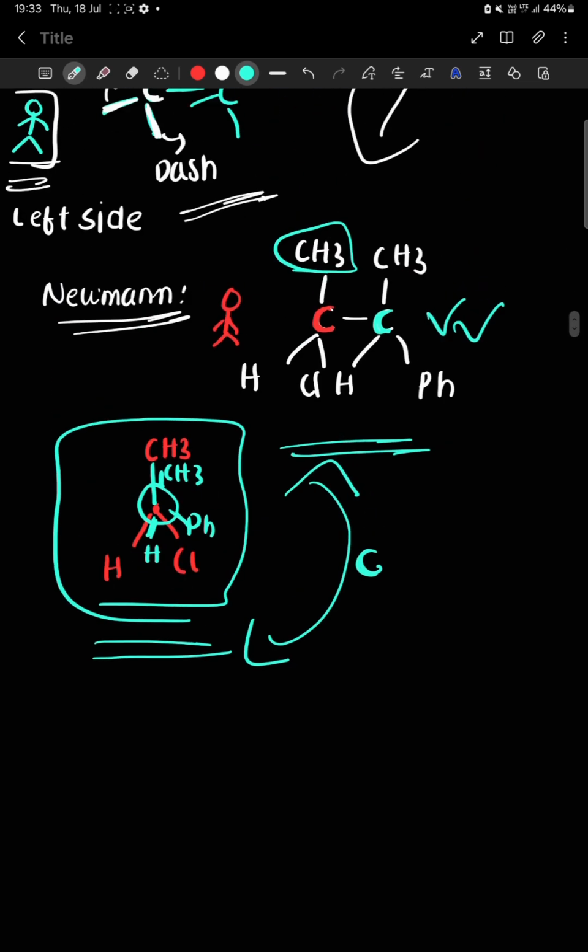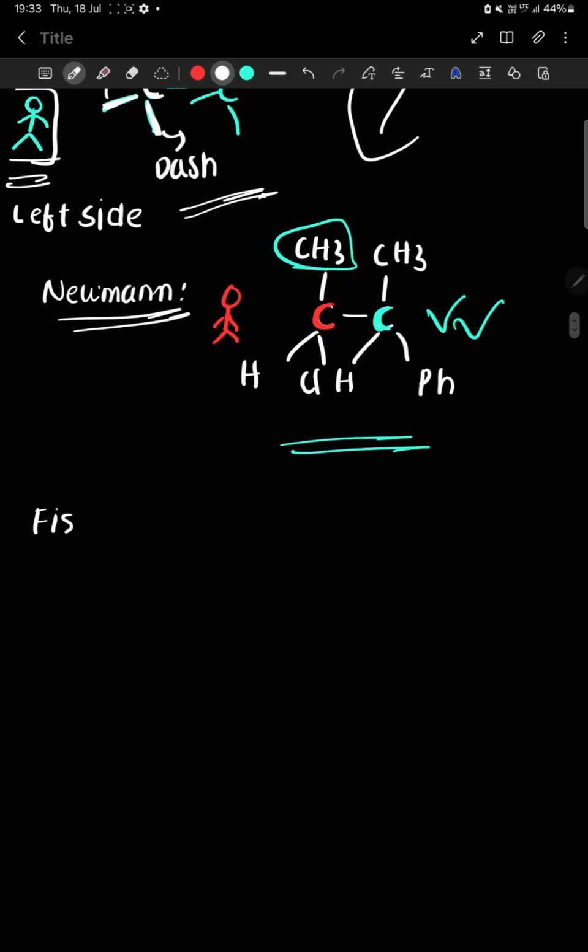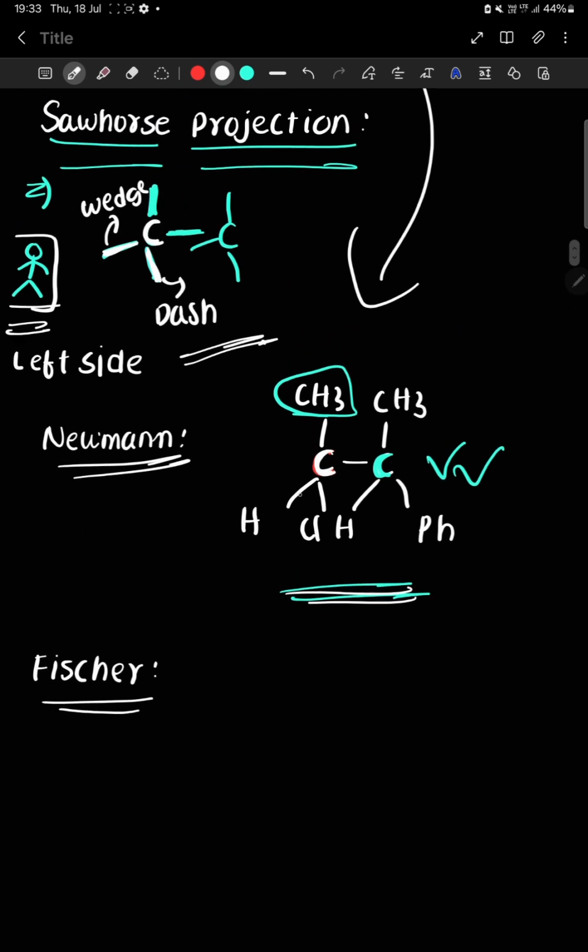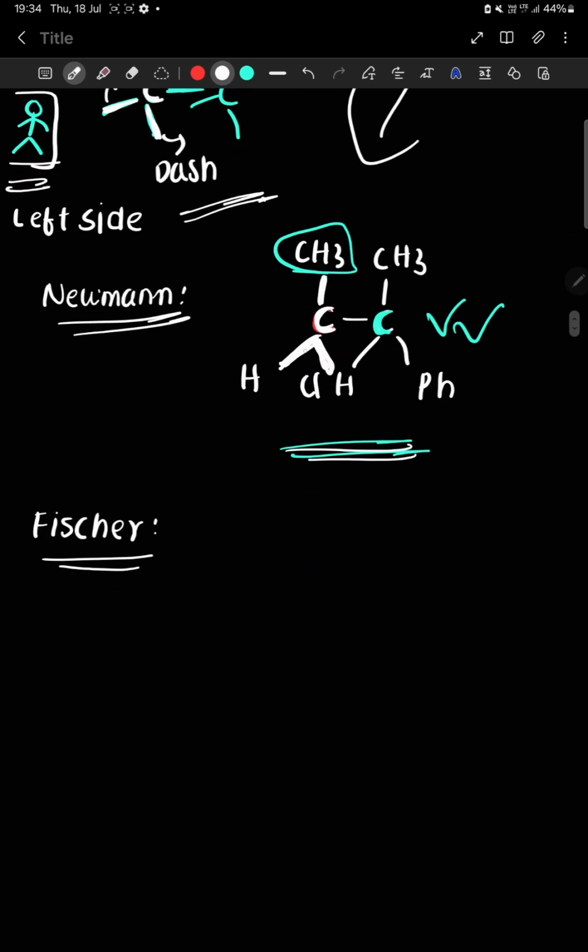So sawhorse to Fischer, I'll take the same example, because Fischer is actually a little more complicated than Newman. Same molecule. This is the first carbon atom, right? If both of these little branches are on the bottom, then this is what the Fischer would look like. The first carbon atom you see will be the first here, because both of these are downwards.